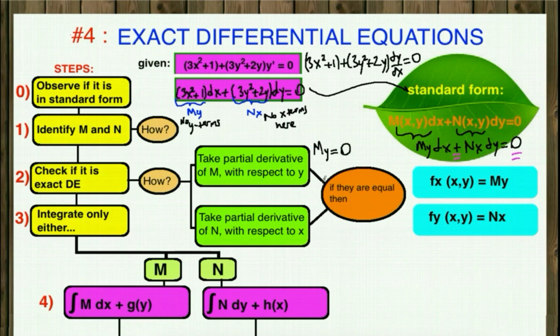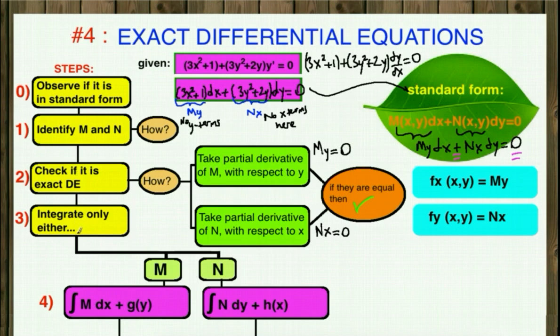So Nx is equal to 0. Since My is equal to Nx, this checks out, and our function is an exact differential equation. So we can go back and continue to step 3.